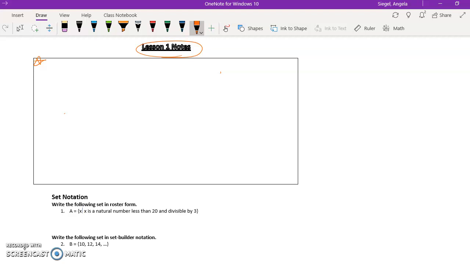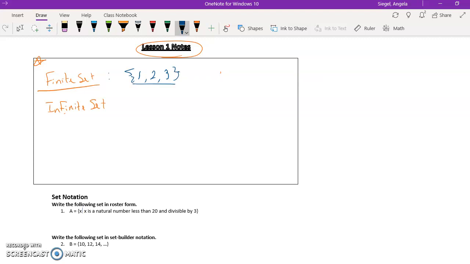So we talked about sets. There are two types of sets that I didn't talk about. The first one is a finite set, and then the second one is an infinite set. So a finite set, an example of that would be 1, 2, 3. So you say, how many elements are in this set? There are 3 elements in that set.